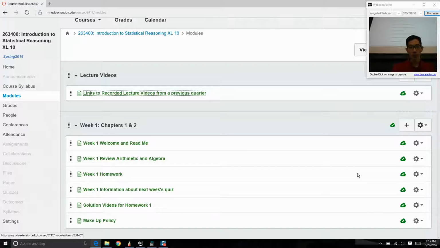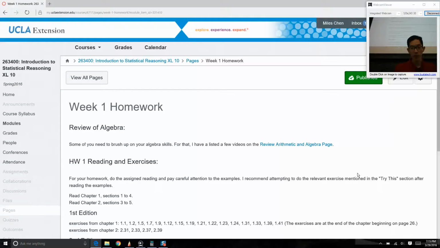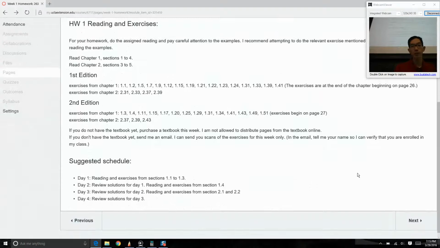Each week I will have a page that says homework, and a page with information about next week's quiz. I'll also have solution videos, or if not videos, solutions for the homeworks. I'll try to have those posted. You can click the homework, and I have problems that I've assigned from either the first edition or the second edition of the textbook.